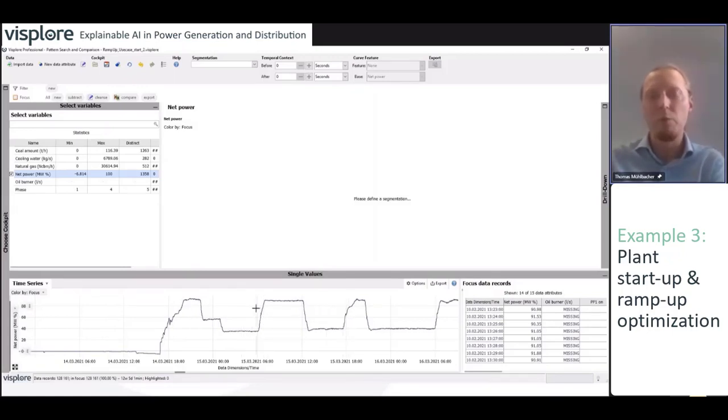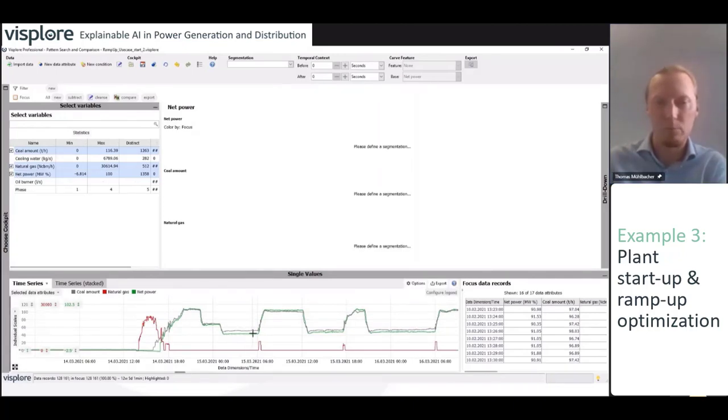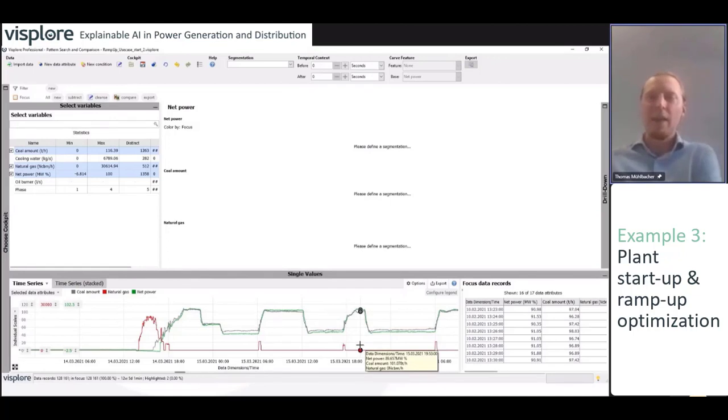This is when the operators are notified about more power or less power being necessary. And this ramp up is achieved by burning coal or by adding extra gas. Okay, you see here how the gas is added. And it's a goal to keep the amount of fuels, especially the gas, low.